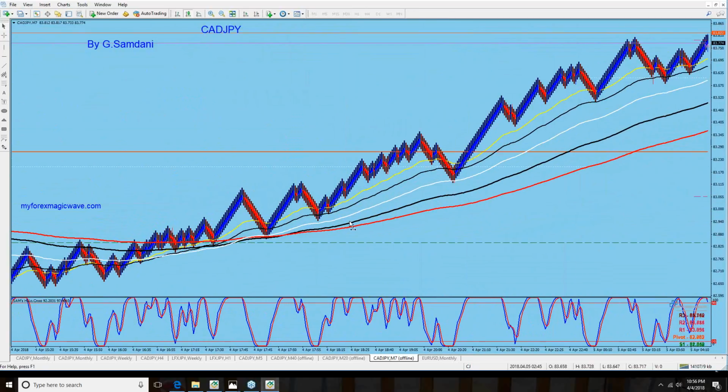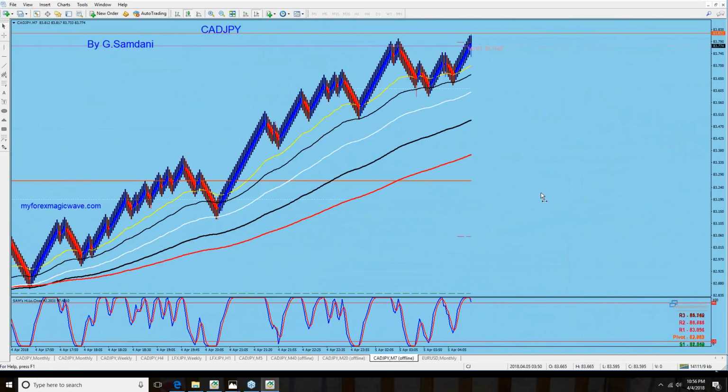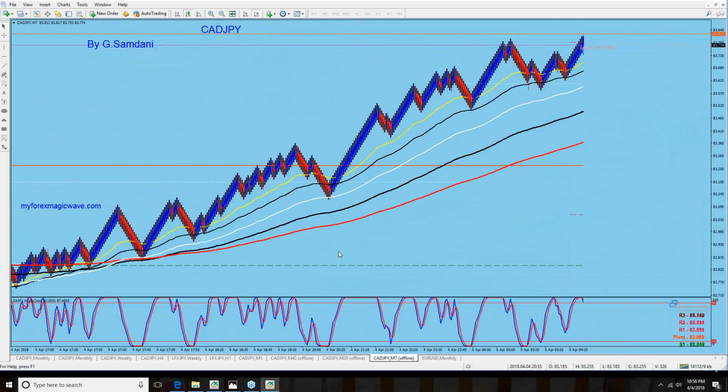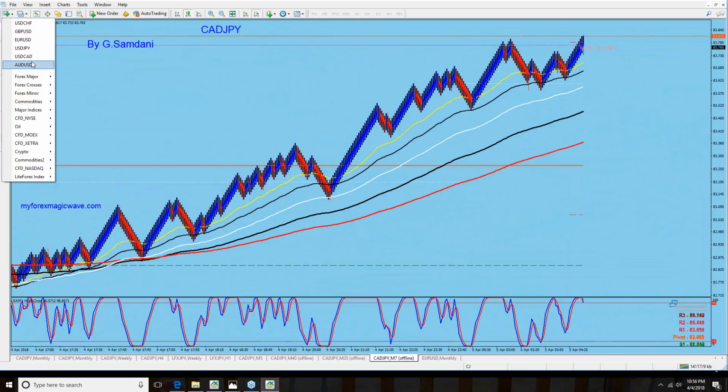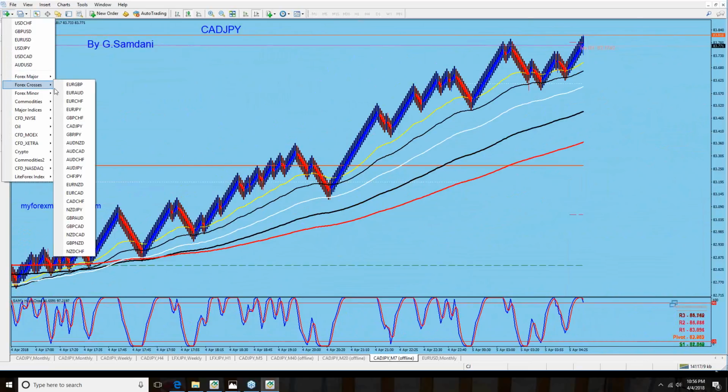So what can I say? It's in front of you. I never looked at Aussie CAD, but I can guarantee you that it went up also. Sorry, it came down, because CAD is on the right hand side, right? You can go take a look at Aussie CAD, if I can quickly see it. Oh yeah, Aussie CAD.